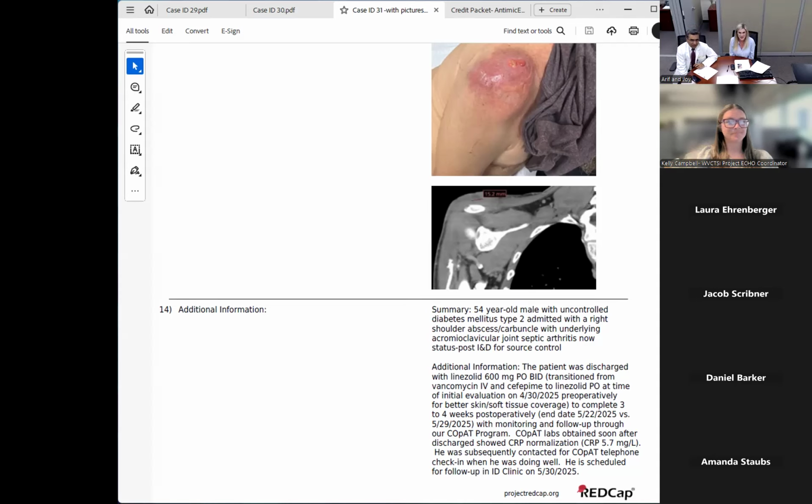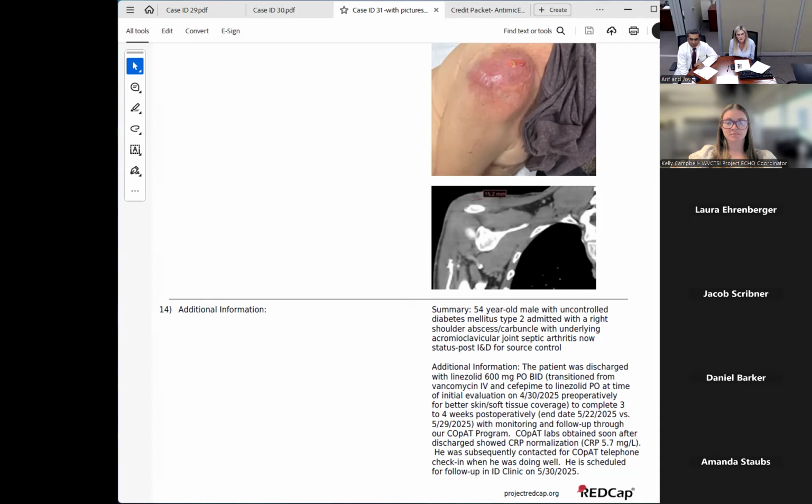I was struck in Laura's presentation as well that diseases we traditionally treated for 6 weeks now have at least 4 to 6 weeks. Here we've been using CRP normalization as a comfort level for earlier termination of antibiotics and shorter duration.